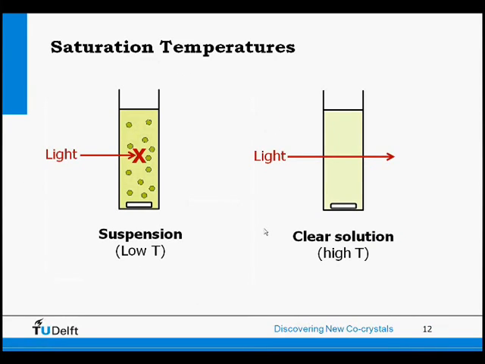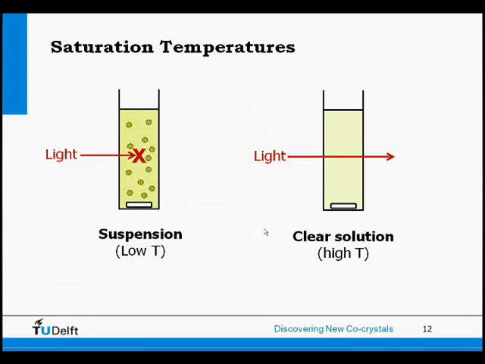So we measure saturation temperatures. So you start with a suspension, and light is going through this suspension. So it is actually blocked because the crystals are present. And at some point you will get a clear solution, and light is going through the sample, so that you can really measure that you have a clear solution.